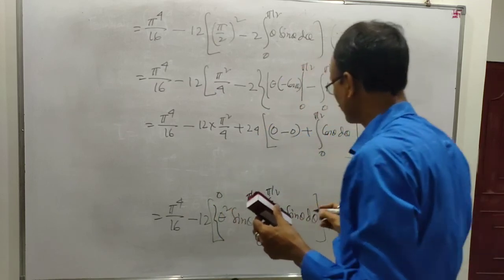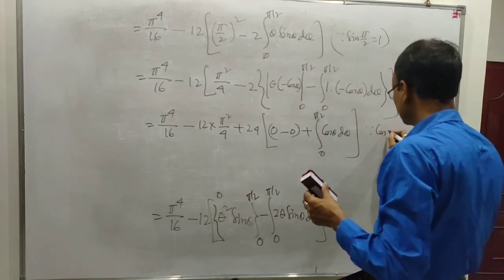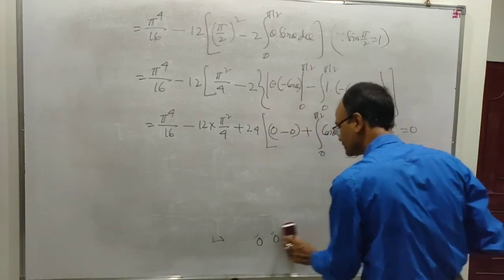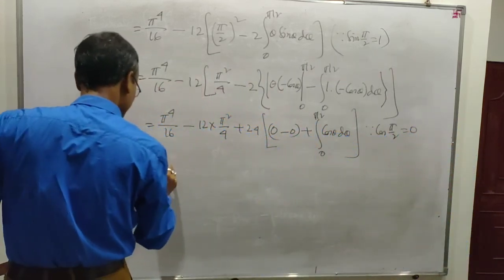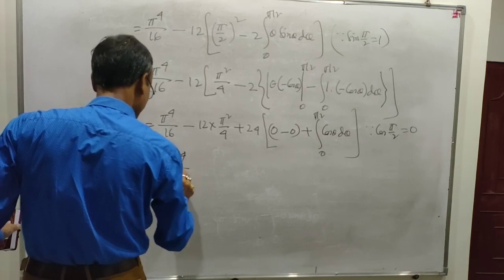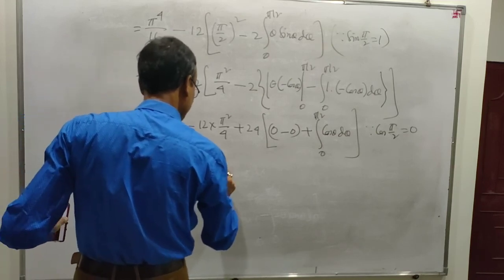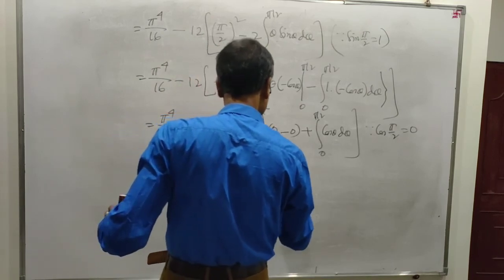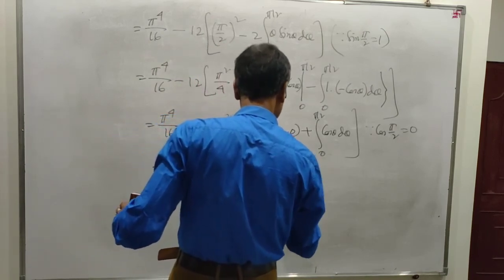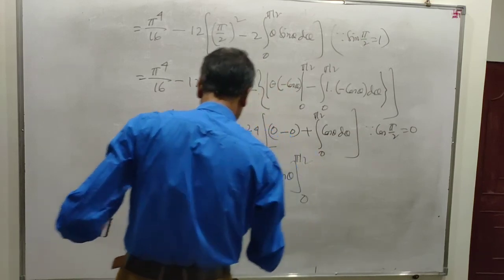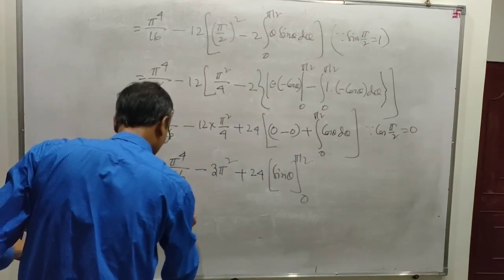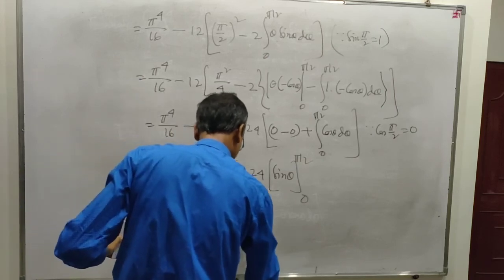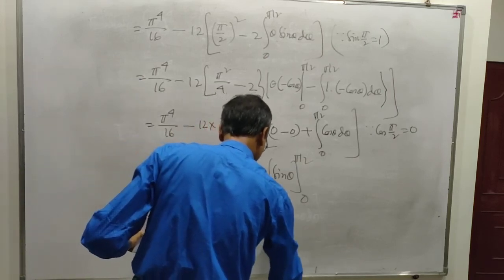Since cos pi by 2 is equal to 0, this is equal to pi to the power 4 by 16 minus thrice pi square plus 24 times sin theta from 0 to pi by 2, which is pi to the power 4 by 16 minus thrice pi square plus 24 times sin pi by 2 minus sin 0.